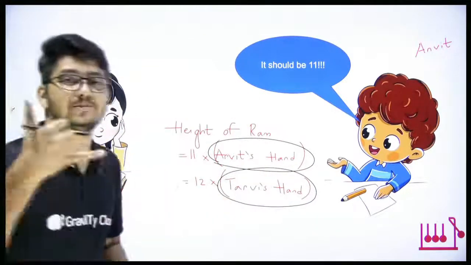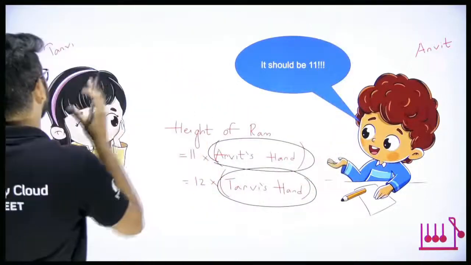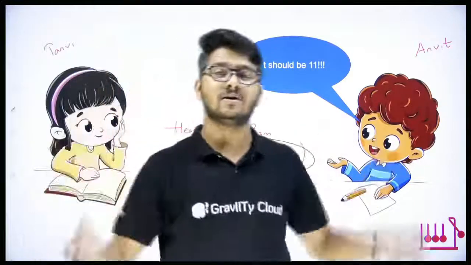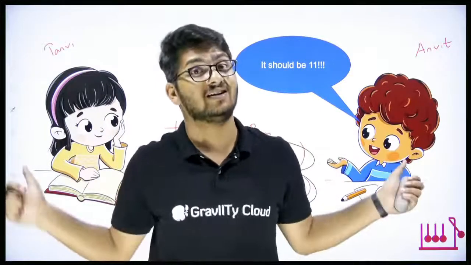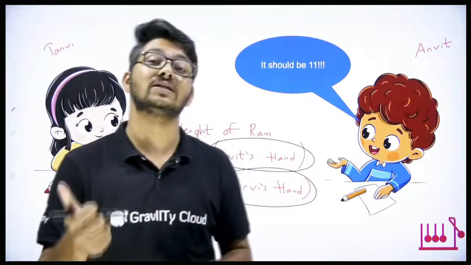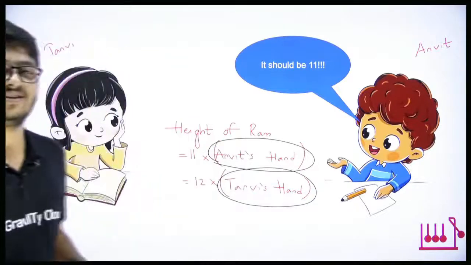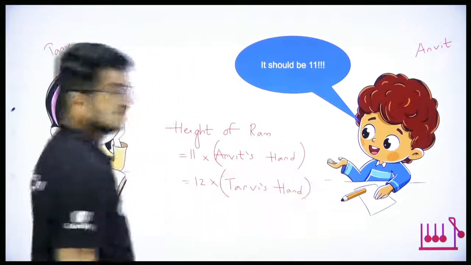Hand span according to Anvit and hand span according to Tanvi is different. That is the issue. Both of them are correct, but the length of their hand spans are not equal. Understood? Okay, that's good. Let's continue.